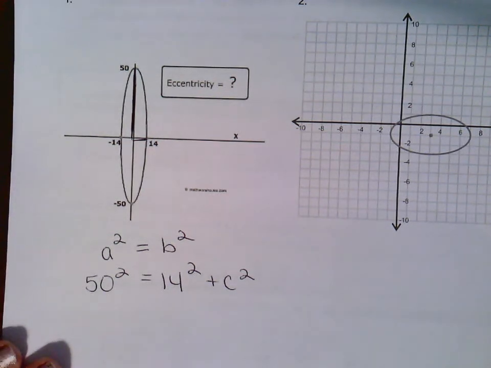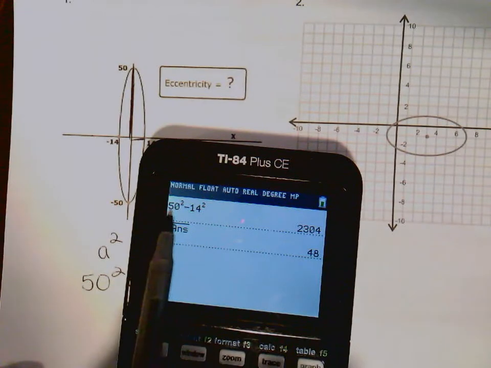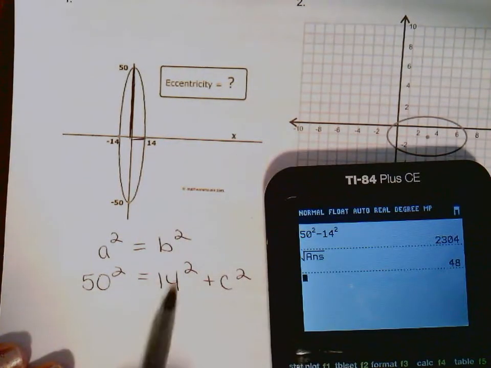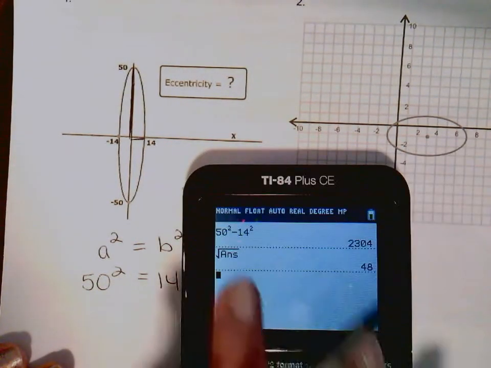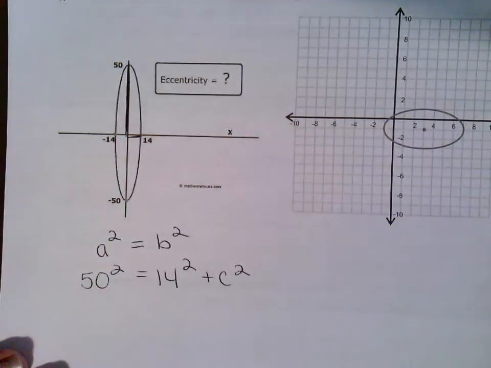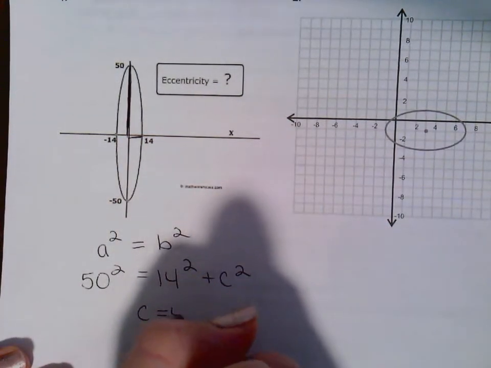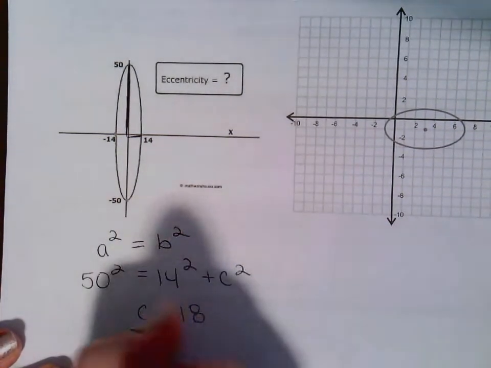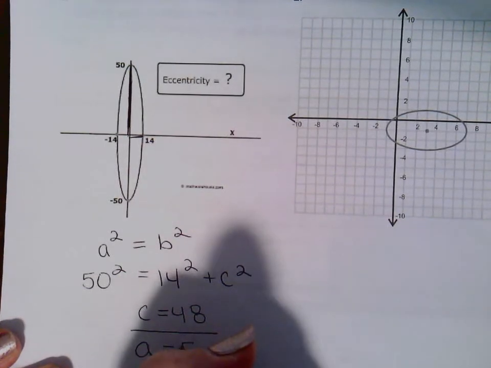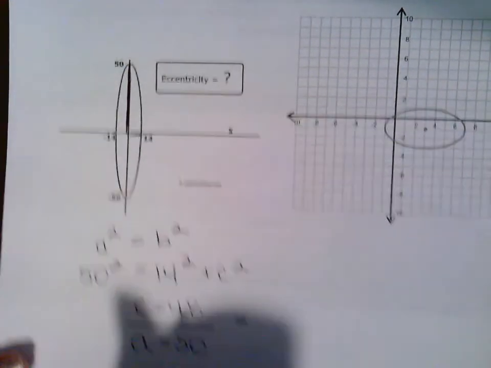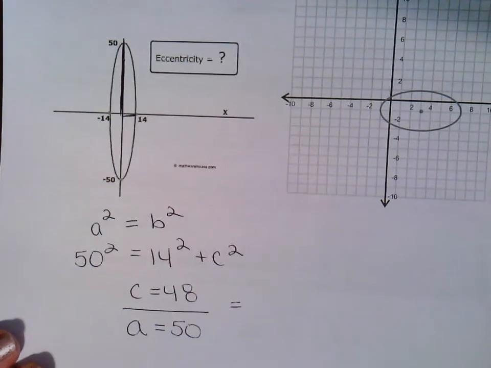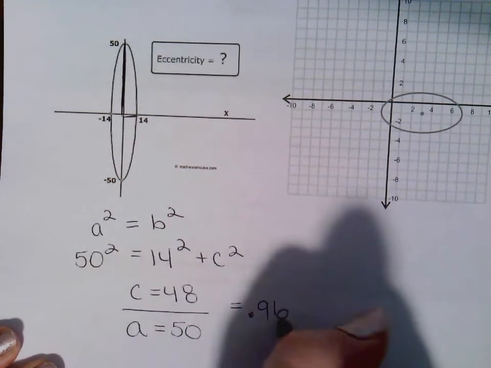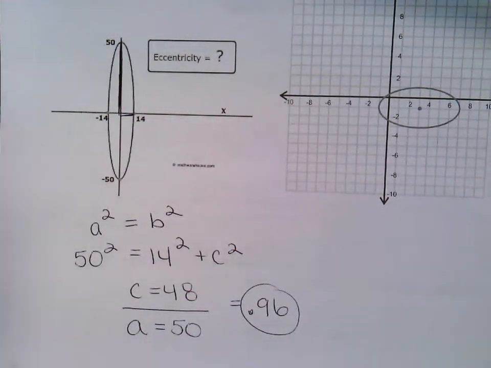Now I'm going to take the square root of that final number. I know now that C is 48, and I'm dividing by A, which was 50. That is pretty close to 1, isn't it? 48 divided by 50 gives you an eccentricity of 0.96. That's very, very eccentric.